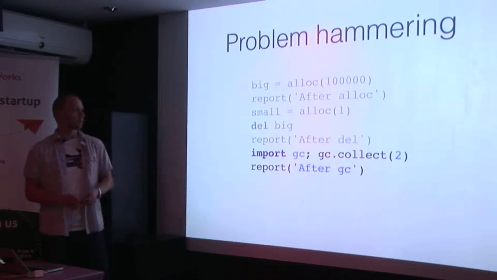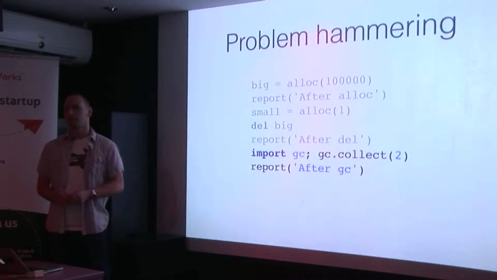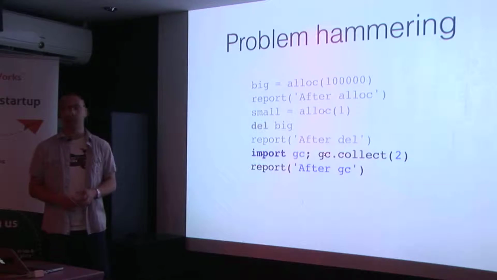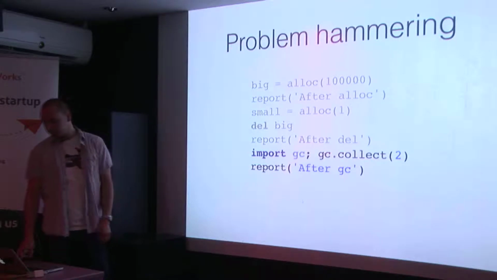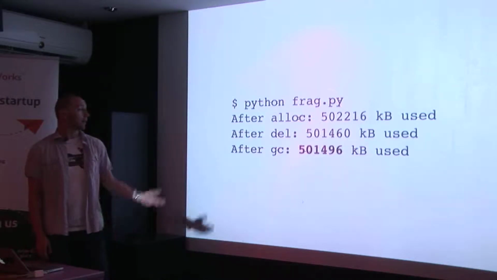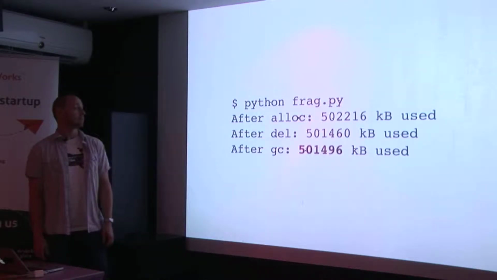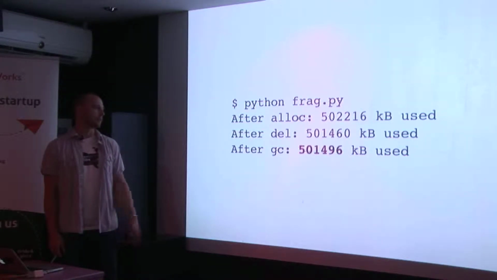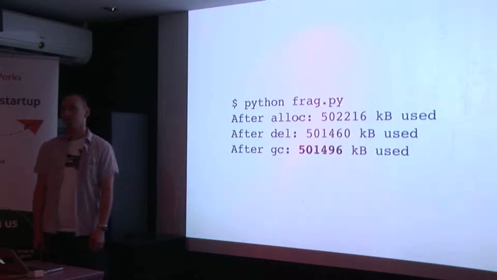The number here determines which generation you want to collect. I've tried all three generations, so 0, 1, and 2. But frankly, I got nothing. I mean, after running garbage collection, the program was using more memory. Slightly more, but still more.